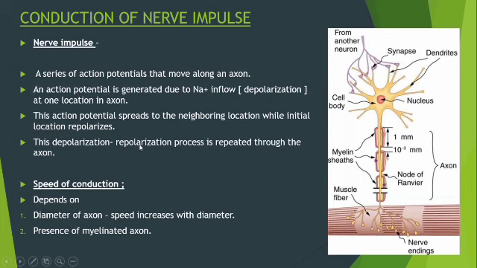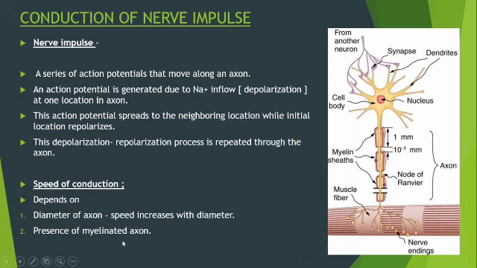This depolarization and repolarization process is repeated through the axon. The speed of the conduction depends on the diameter of the axon. The higher the diameter of the axon, the higher the speed of conduction. Therefore, the speed increases with the diameter.